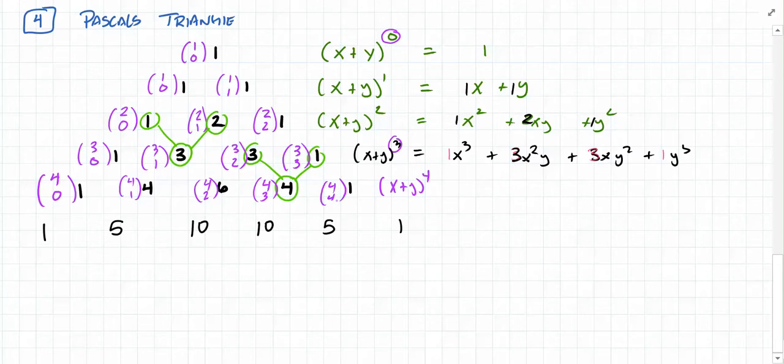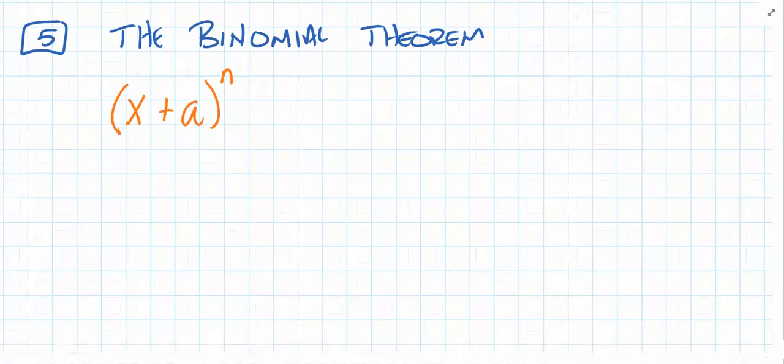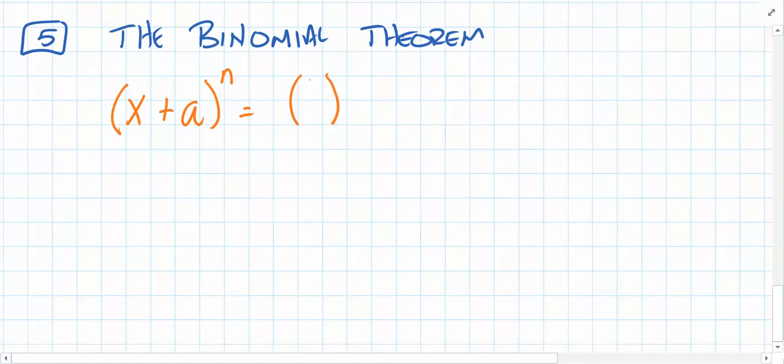So we are now all set up to really start to understand this binomial theorem. All right, if we're going to expand a binomial x plus a, all to the nth power, we will start with the binomial coefficient. It will be n choose 0 times x to the nth times a to the 0.